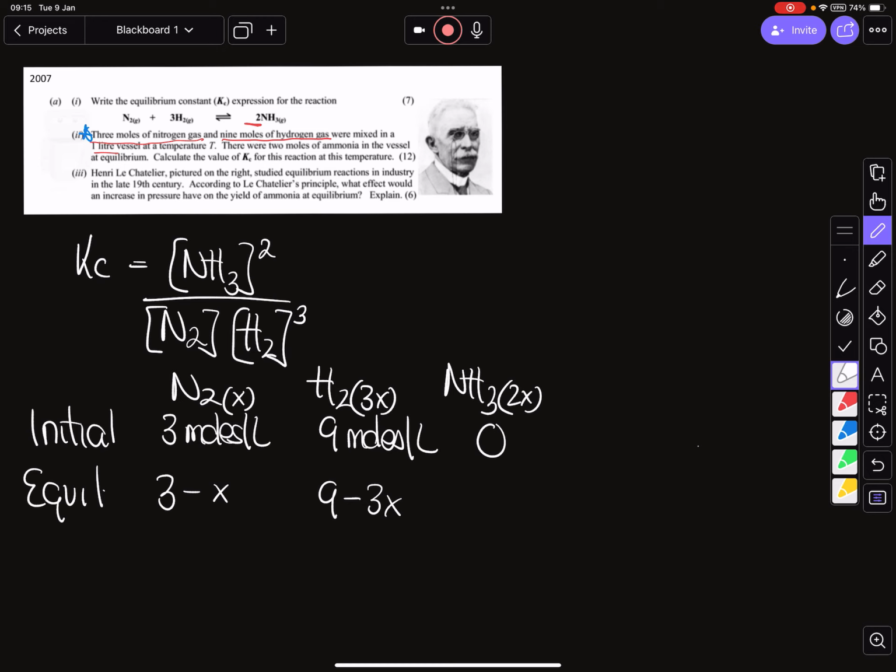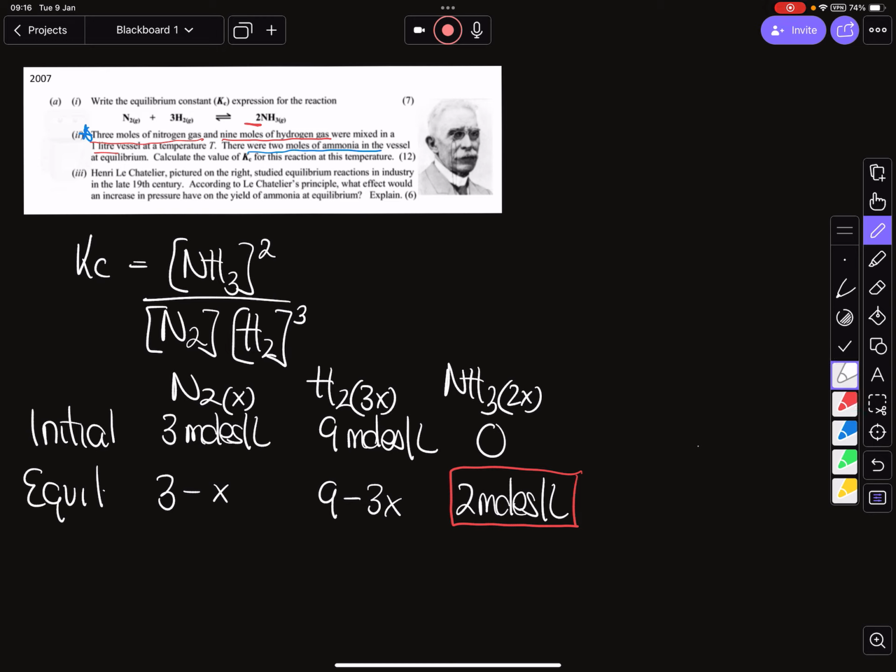And then we have to read our question to see can we find any other pieces of information that will help us, and it tells us that there are 2 moles of ammonia in our vessel at equilibrium. So the 2 moles of ammonia is again still in a litre, so that number I can use. And I like to box things to know that I'm going to use this number in my Kc equation.